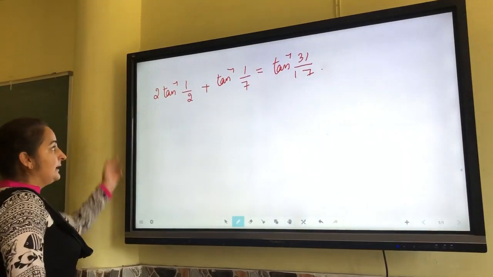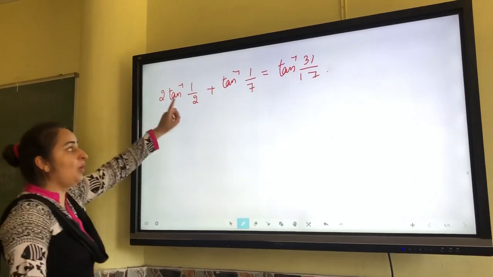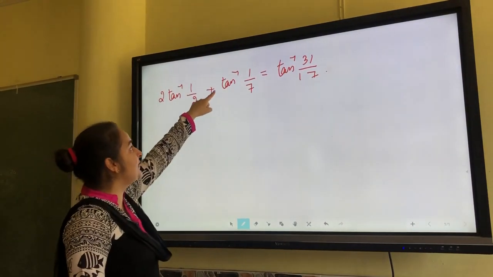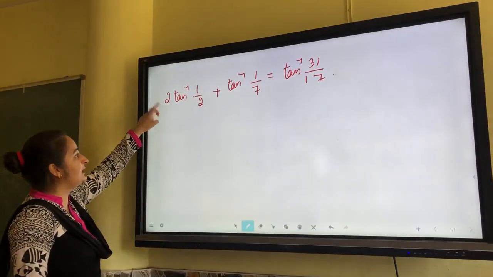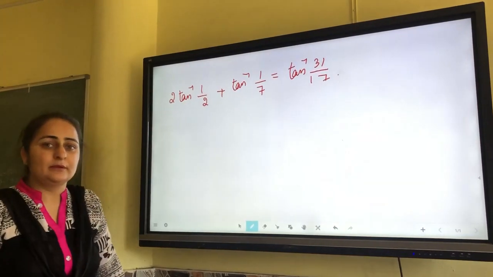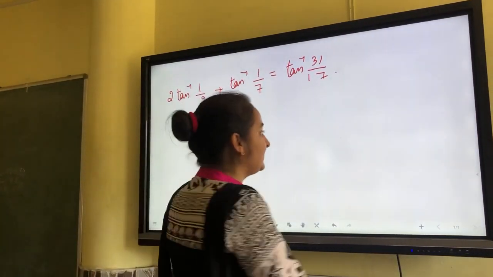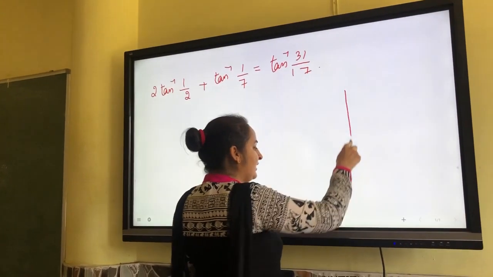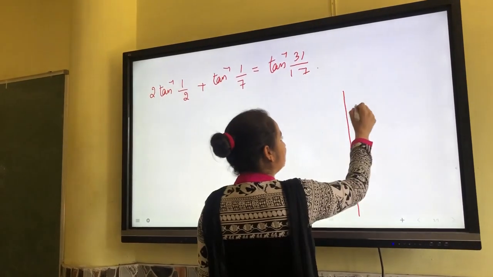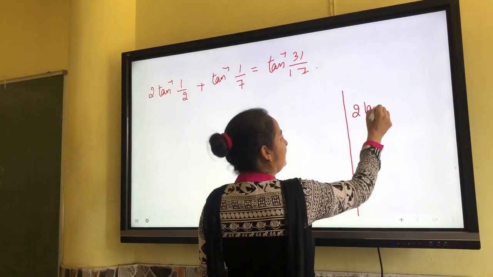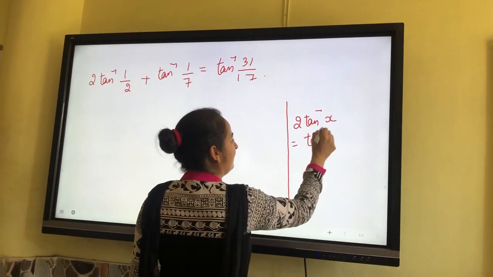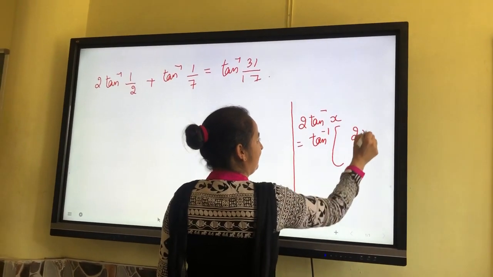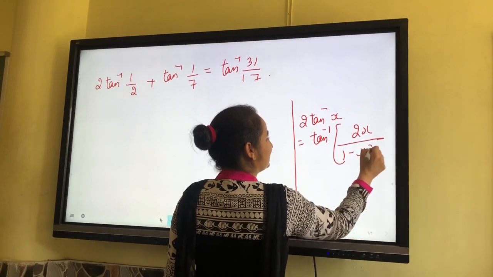In this question, the coefficient of this tangent is not 1, but the coefficient of the other tangent is 1. Now, if the coefficient is 2 in place of 1, we have one more formula, that is 2 tangent inverse x is equal to tangent inverse 2x upon 1 minus x square.